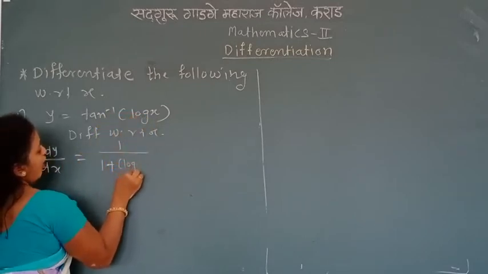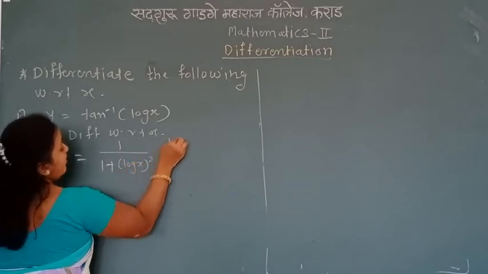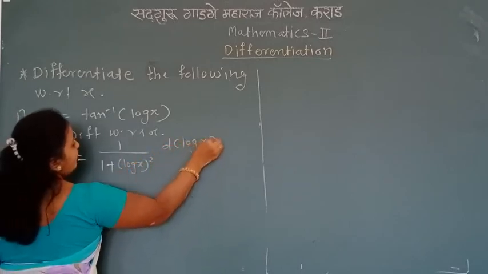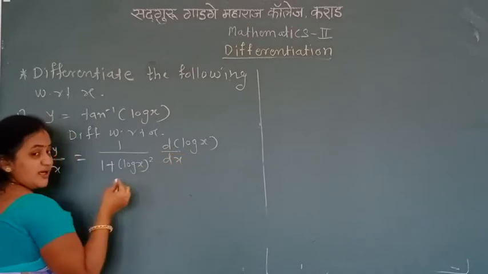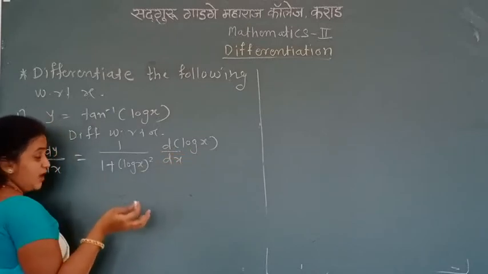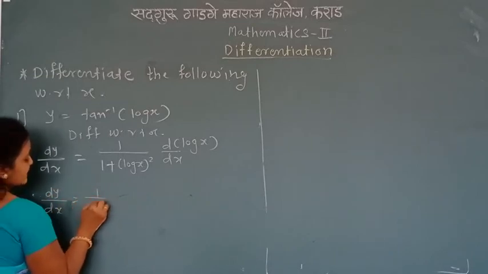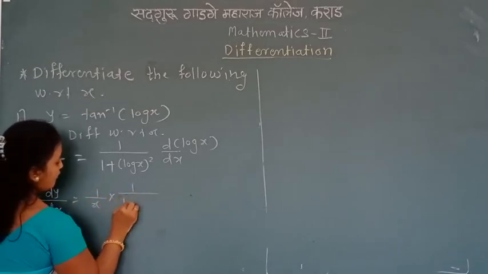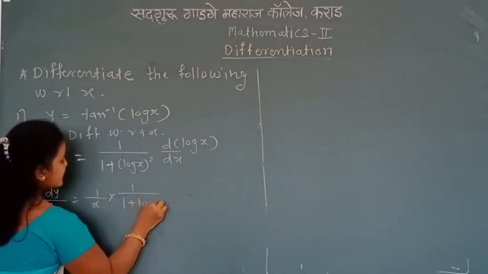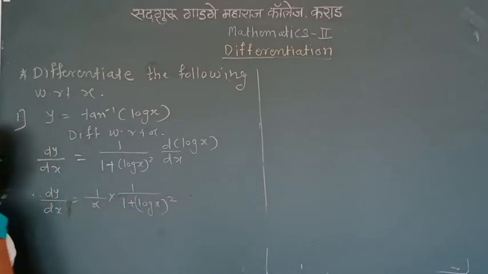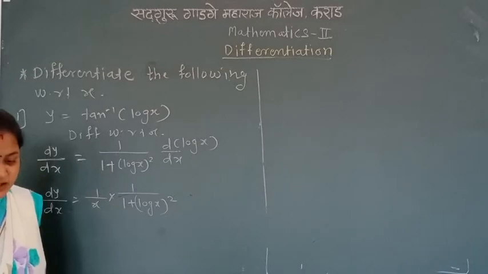So 1 upon 1 plus log of x whole square, and again the derivative of log of x with respect to x, which is 1 upon x. So we get dy by dx is equal to 1 by x multiply 1 upon 1 plus log x whole square.